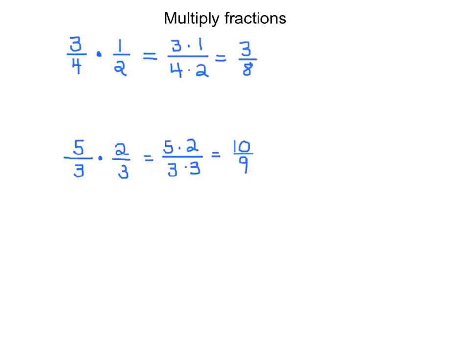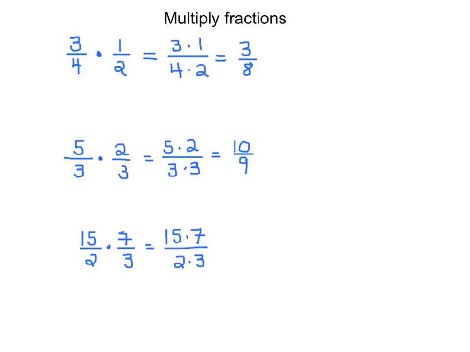Let's try another. Let's say now we're multiplying 15 over 2 times 7 over 3. Well, that gives us 15 times 7 over 2 times 3. Well, wait a minute. There's something else I'm seeing happen here. I notice that 15 is 5 times 3, and there's a 3 in the denominator.